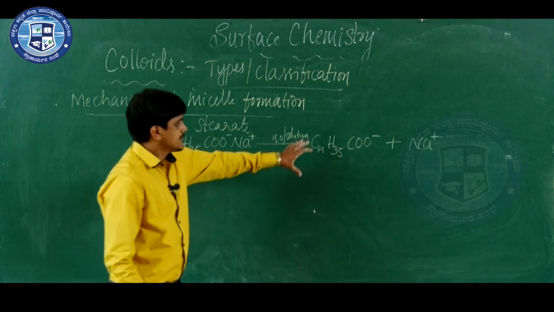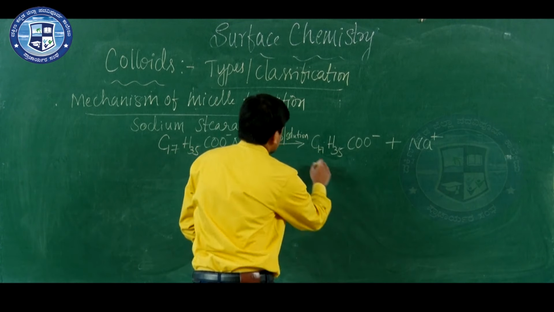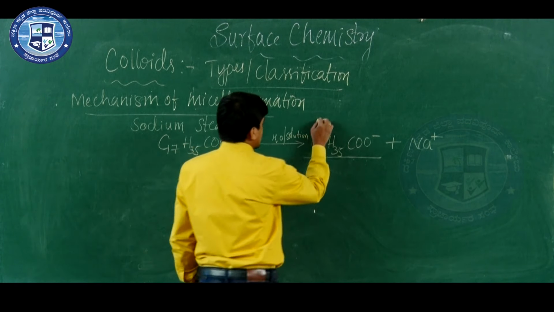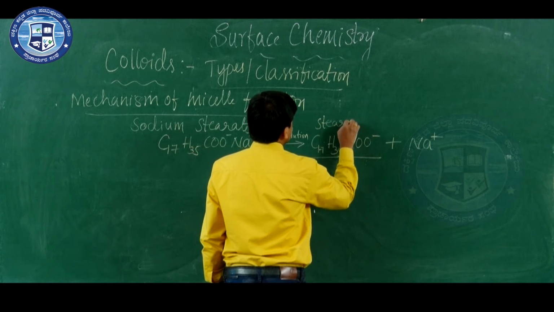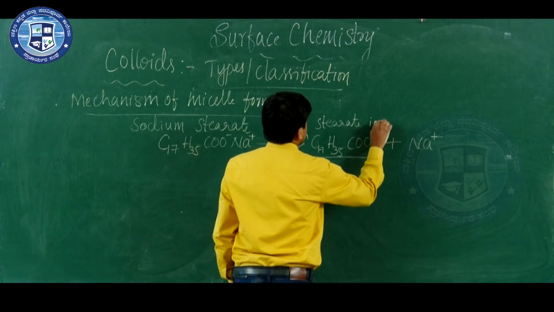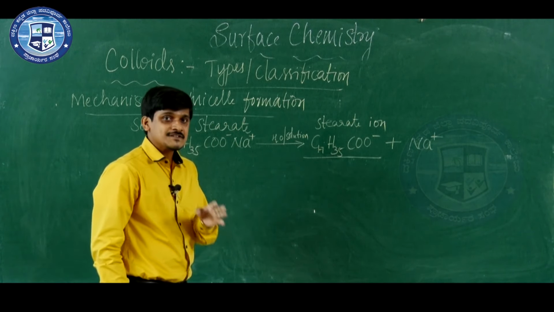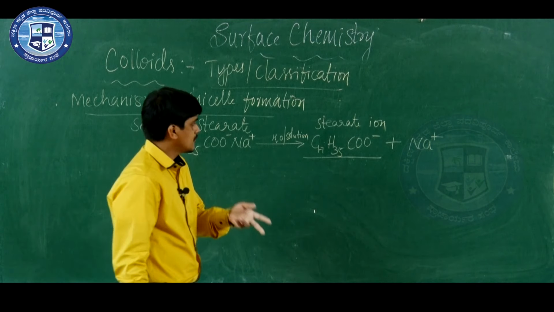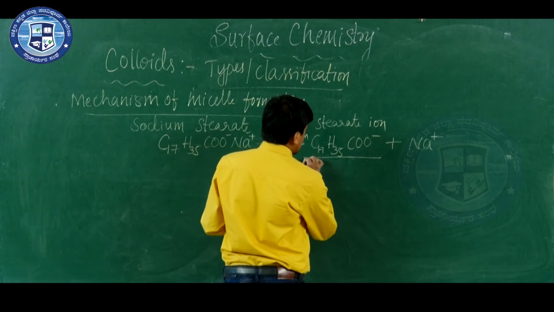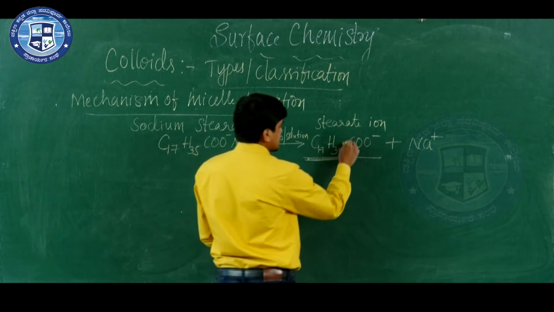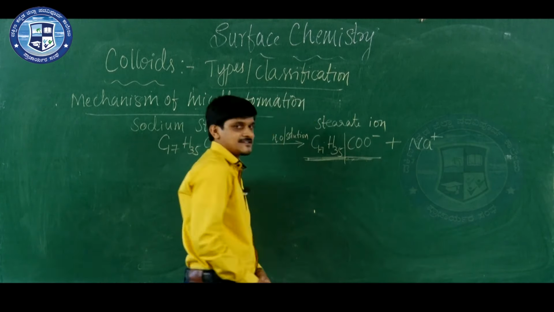Now consider this negative part. This is a stearate ion. The stearate ion possesses two different parts. One part is the long chain hydrocarbon part and the other part is the COO minus group.